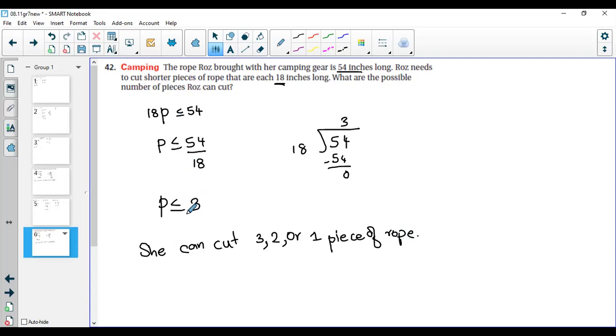Because P is less than or equal to 3, P can be 3, 2, or 1. 0 means she doesn't choose to cut, so it's totally up to her whether she wants to cut or not. But they're asking for the possible number of pieces, so she can cut 3 pieces, 2 pieces, or 1 piece.